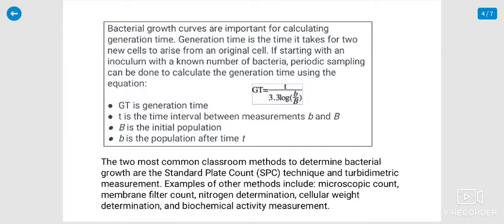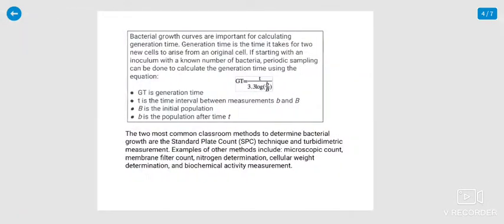The two most common methods of determining bacterial growth are the standard plate count and turbidimetry measurement. Other examples of methods include microscopic count, membrane filter count, nitrogen determination, cellular weight determination, and biochemical activity measurement.